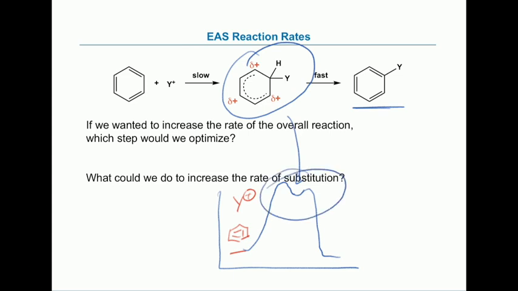So anything I can do to stabilize that carbocation relatively will help me. And what's different about this than compared to normal carbocations is the positional distribution of where those positive charges sit. This intermediate at the ortho and para positions specifically are delta plus. It's not at the meta position.